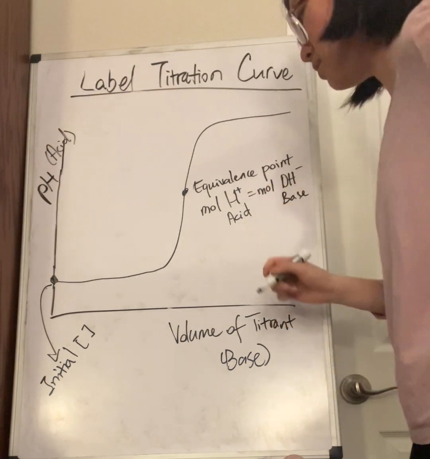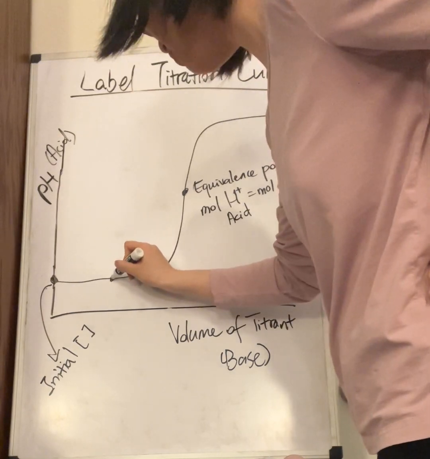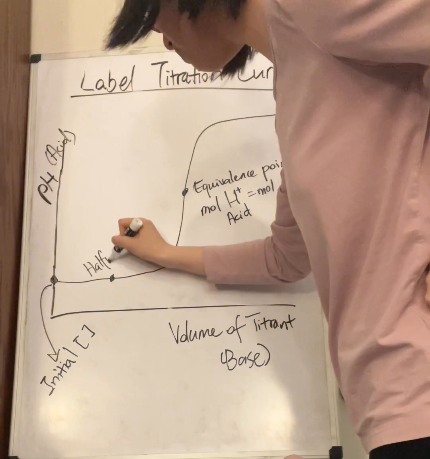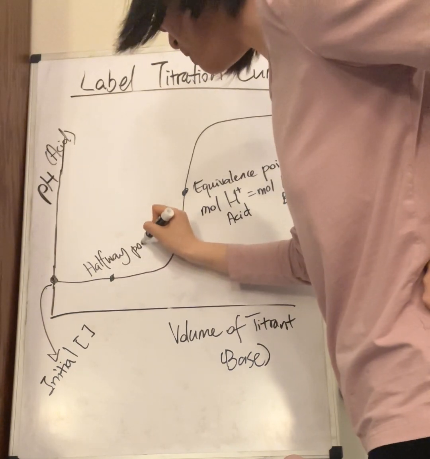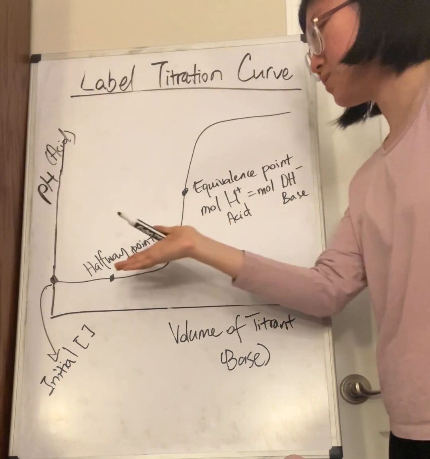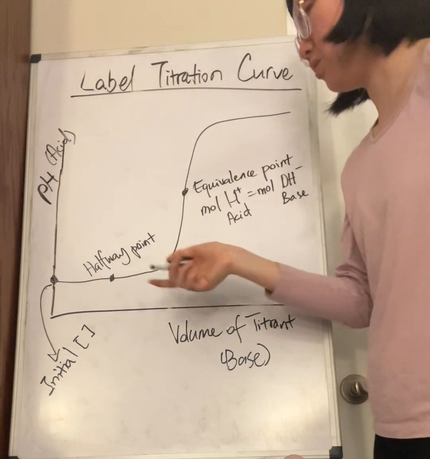And another point is here. It's about halfway along this flat line, and this is called the halfway point. I've seen so many textbooks and AP and IB tests use other terms interchangeably with the halfway point.